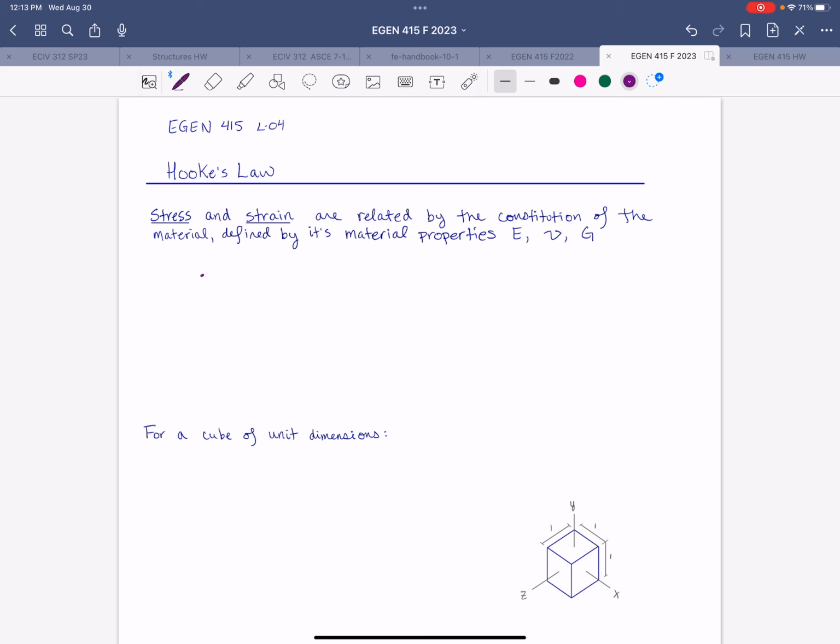So today we'll just define the terms and then focus on isotropic. An isotropic material is one that has the same material properties in all directions.